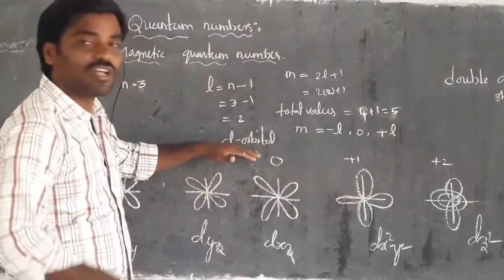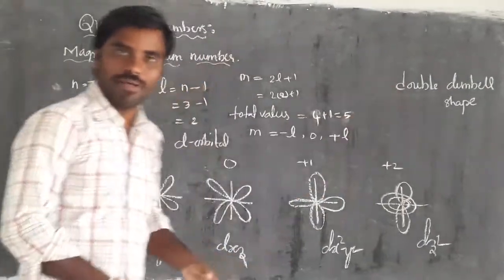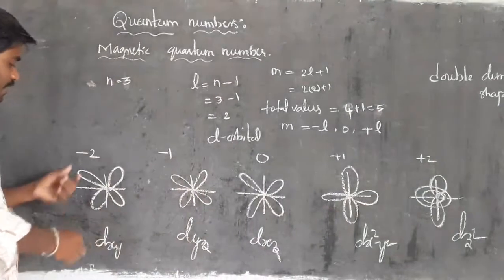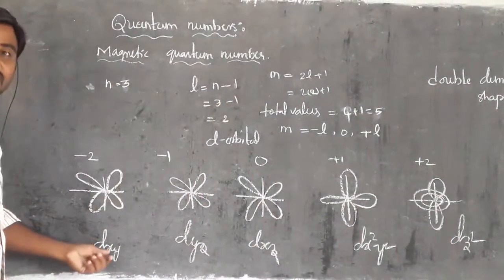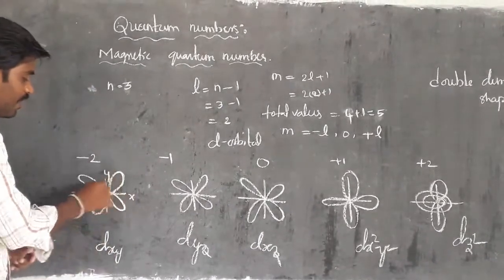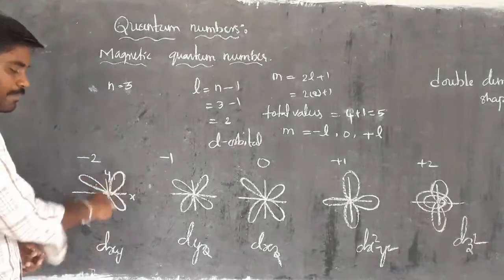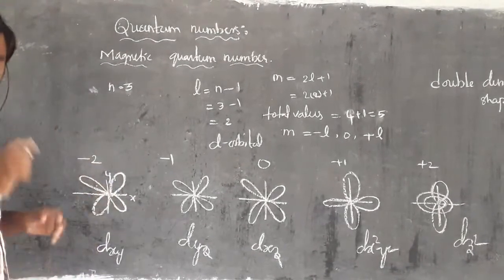Moreover, the d orbital shape is double dumbbell. The m value minus 2 indicates the dxy orbital, which lies in the xy plane, where we have the double dumbbell of the d orbital.